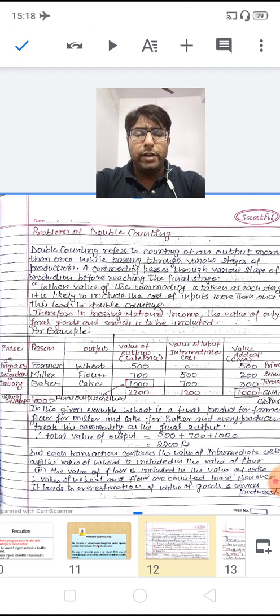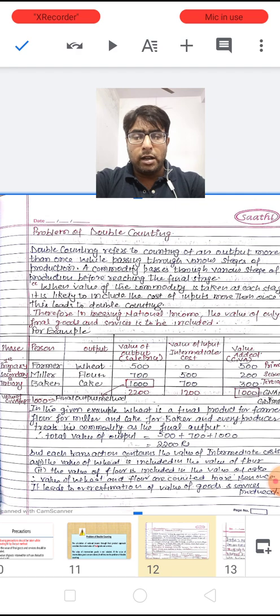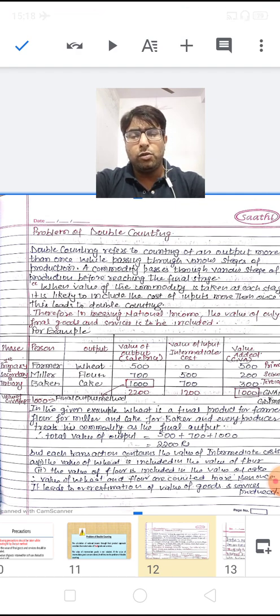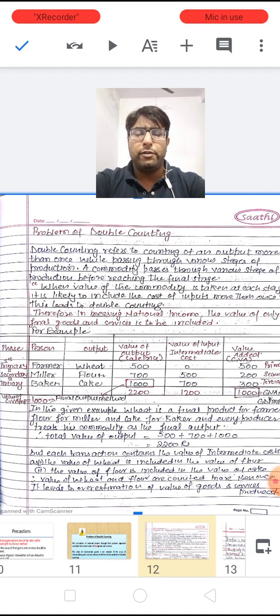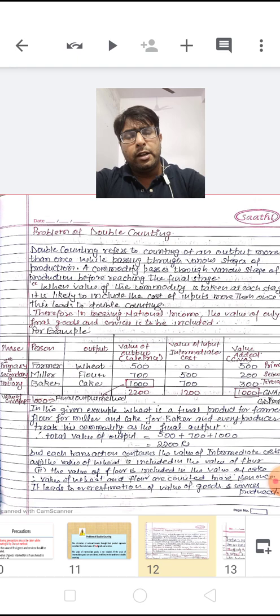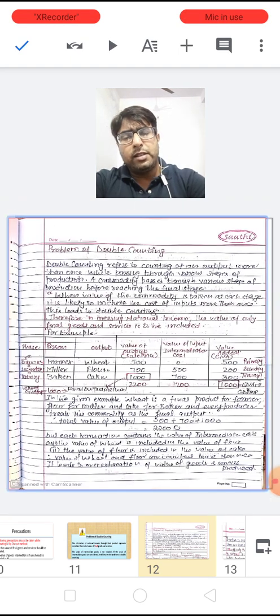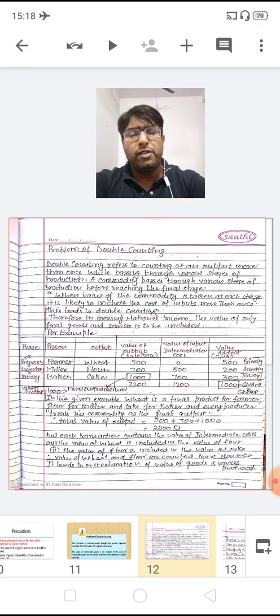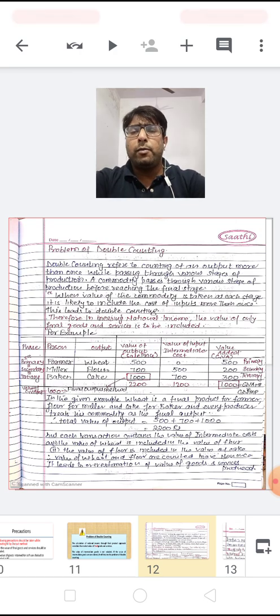Therefore the value of wheat and the value of flour are counted more than once. It leads to overestimation of the value of goods and services produced. That is why a problem arises, which is known as the problem of double counting.